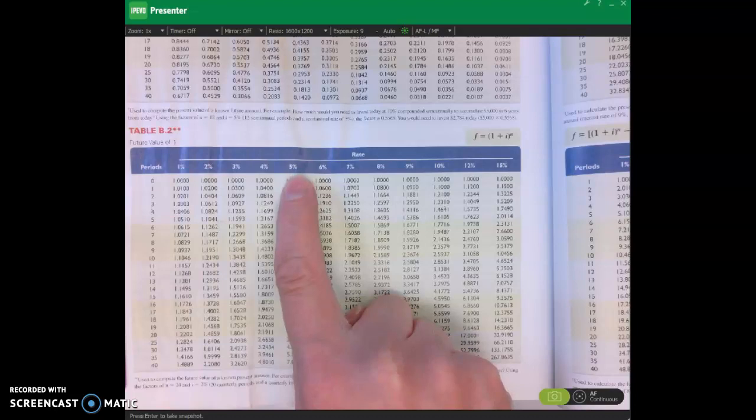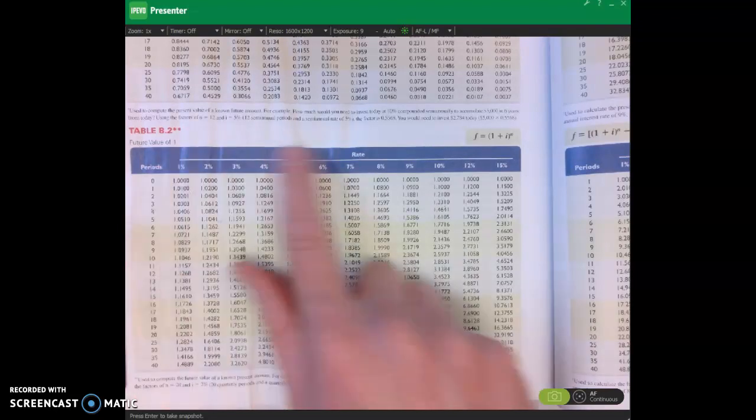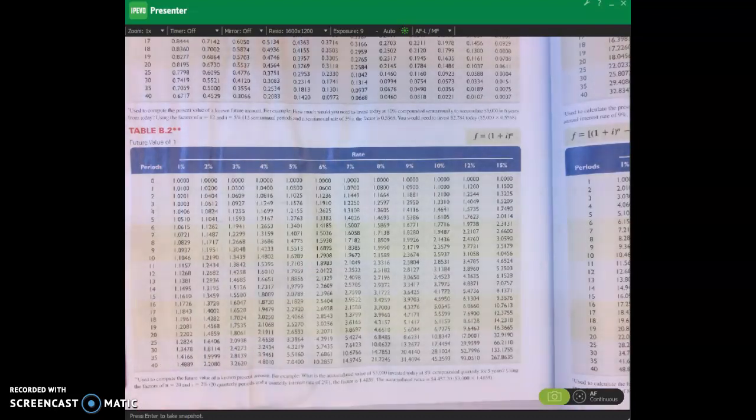Well, it wasn't 3, because it's 3 years semi-annual, so 6, 1.3401. And what we could do is multiply 1.3401 times our present value of $1,000, and then that gave us our future value. So basically, this is what will be included in your exams. This is how I will go from here on how to calculate present value and future value.